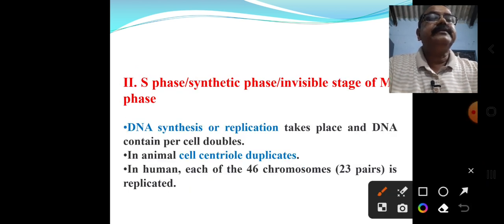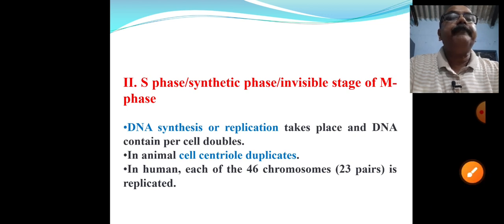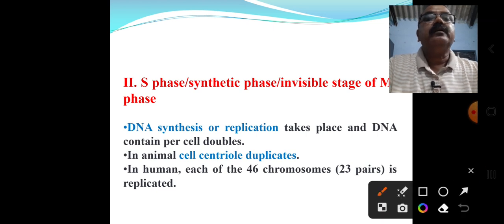The next phase is S phase or synthetic phase or invisible M phase. During this phase, DNA synthesis or replication of DNA or chromosome takes place, and the DNA content per cell doubles.